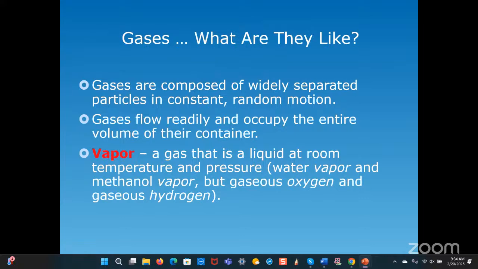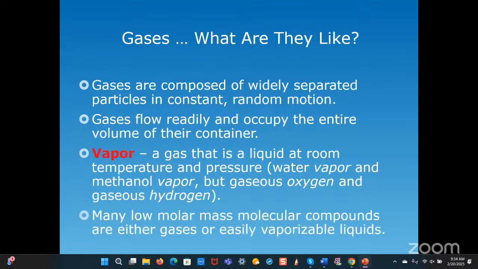But when it comes to gases that exist as gases under normal room temperature condition, we simply call them gases, like oxygen, hydrogen, nitrogen, and so on, right? And the last point being made here, in reference to what we said about vapors: many low molar mass molecules or molecular compounds actually exist as gases or easily vaporizable liquids, all right?